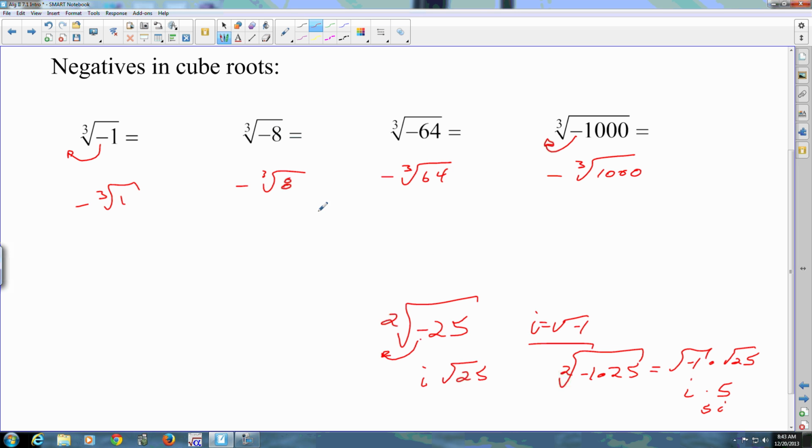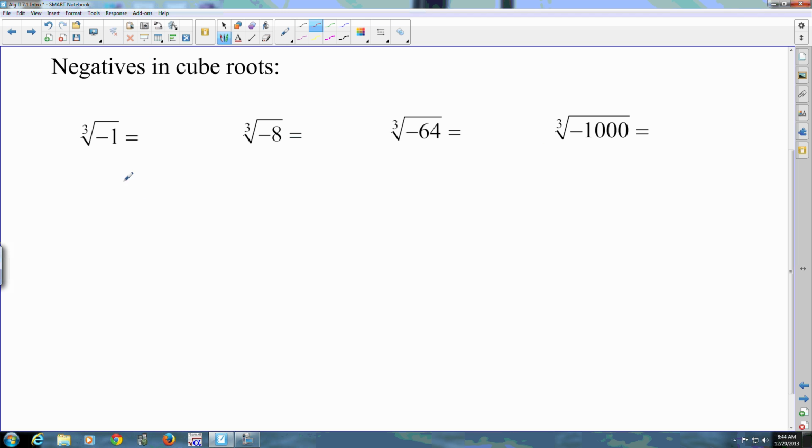Odd roots, the negative can just pop out because you're looking for how many times does a number multiply an odd number of times and yields the number inside. So you know your answer is going to be negative because a negative number multiplied an odd number of times gives you a negative answer. Okay, so back to this.